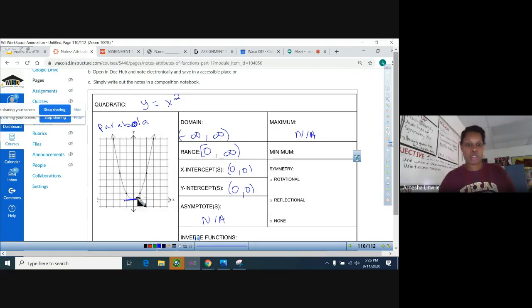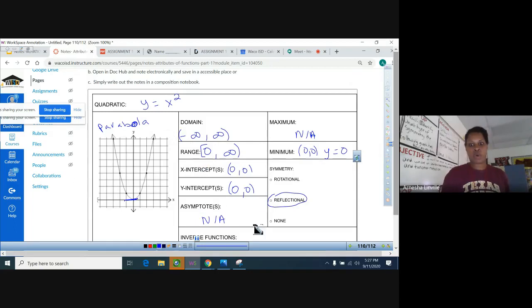This is the lowest part, so your minimum is going to be (0, 0), or y equals 0. And because the y-axis divides this into 2 equal parts, we're dealing with reflectional symmetry. And that is quadratics.